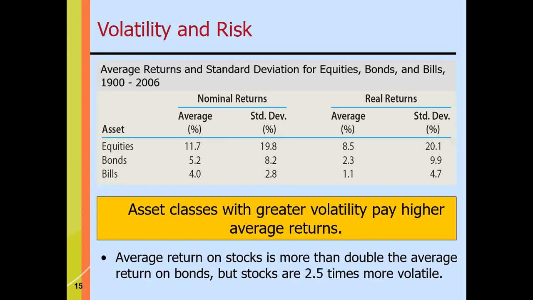And then stocks are 2.3 something times more volatile also. So that's the reason. More than double because equities actually have higher exposures to risk. So higher exposures would lead to higher or greater returns.